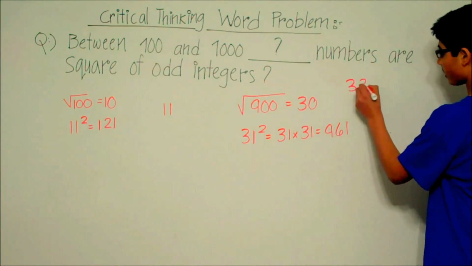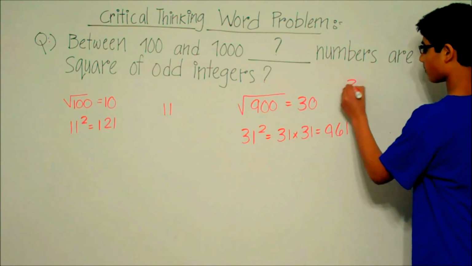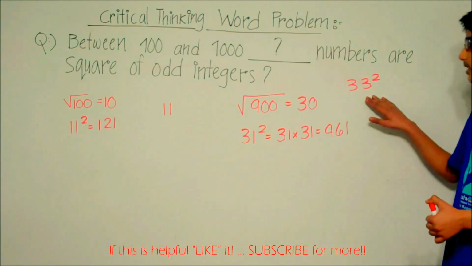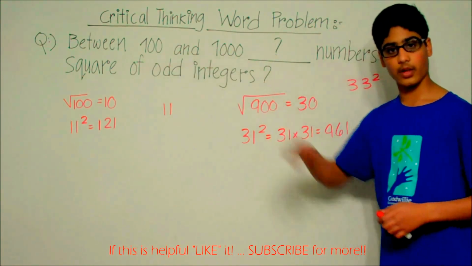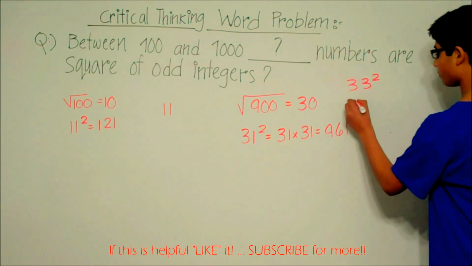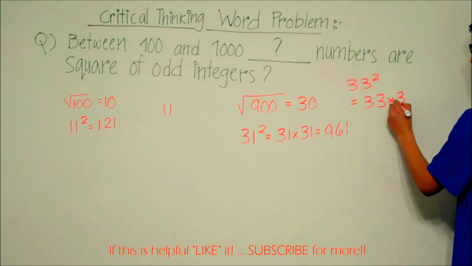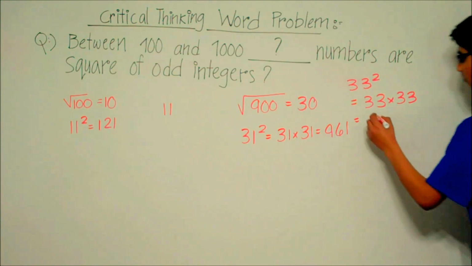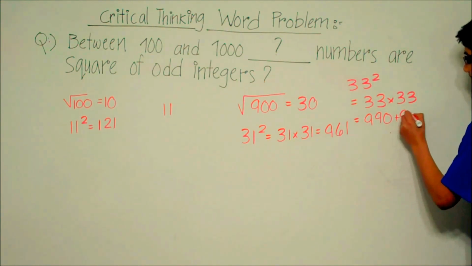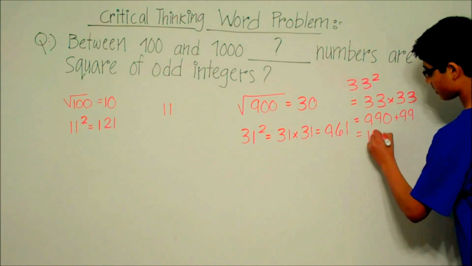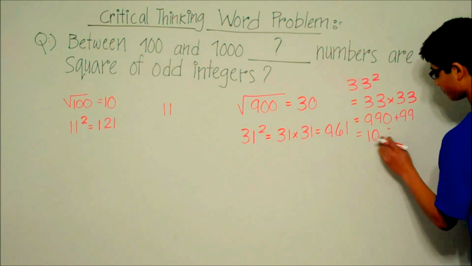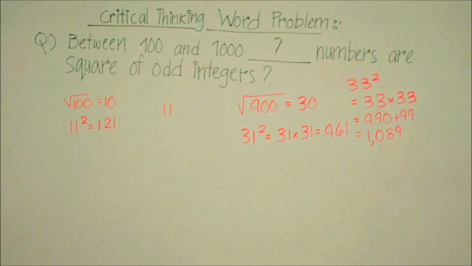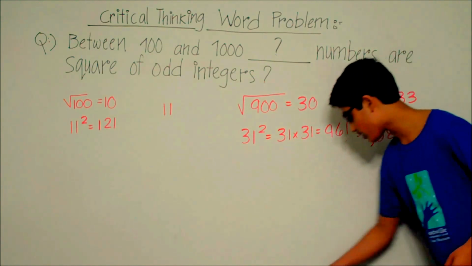Let's see what 33 squared is equal to, to make sure that 33 is not the highest number with a square between 100 and 1000. 33 times 33 is equal to 990 plus 99, which is 1089. So 33 squared is equal to 1089.